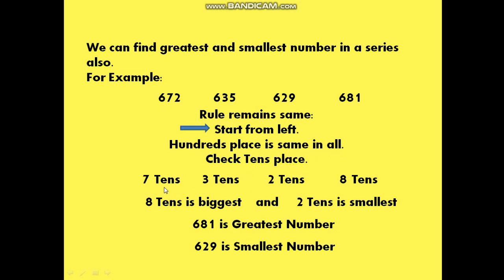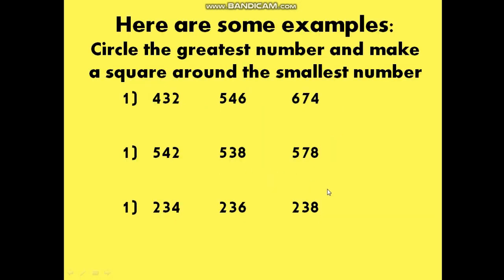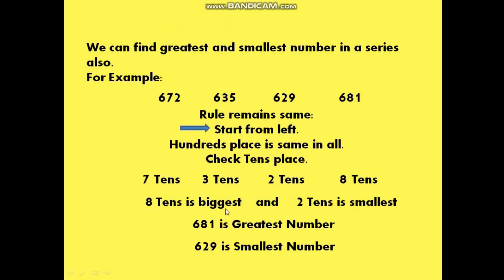In the first number it is 7 tens, in the second number 3 tens, in the third number 2 tens, and in the fourth number 8 tens. Now when we compare these, we find that 8 tens is the biggest or the greatest number, whereas 2 tens is the smallest.